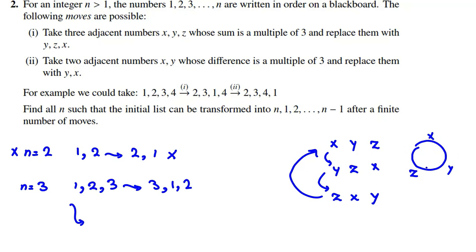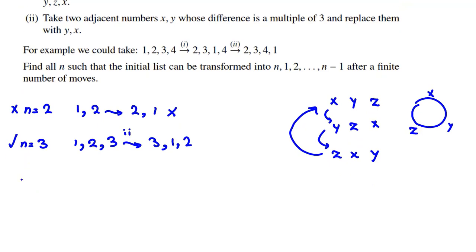So for working with the first rule, you can consider any 3 terms and rotate them circularly, clockwise or counterclockwise. For example, here we rotate 3, 1, 2, so with one action you can reach this. So n equals 3 was okay.